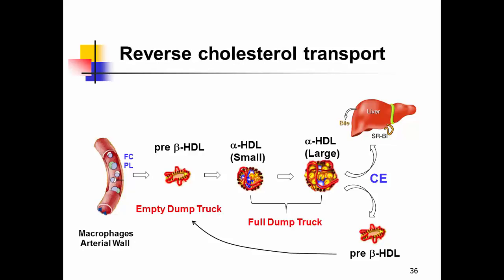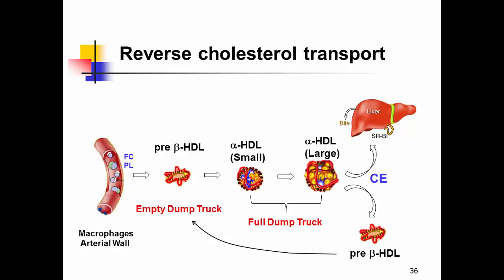So here is the artery wall and macrophages on the artery wall, and this is the pre-beta HDL and alpha HDL, small and large. It is also dynamic; the size of the alpha HDL changes depending on the composition of the lipids and also some proteins.